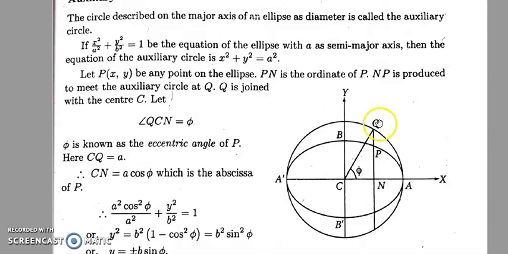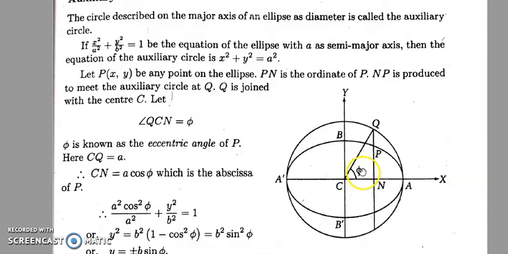and let it meet the circle at this point Q. So we take any point on the ellipse. Then the ordinate of that point is the perpendicular distance PN. So we produce the line PN. So it will meet the circle at the point Q. Now join the points Q and C. Okay, so when you join the points Q and C, you will get an angle QCN, which is here denoted as phi.